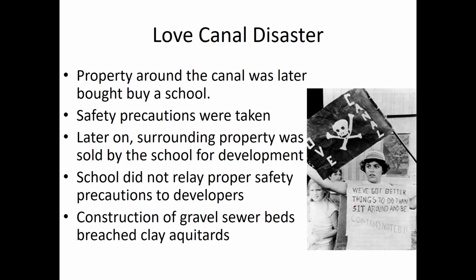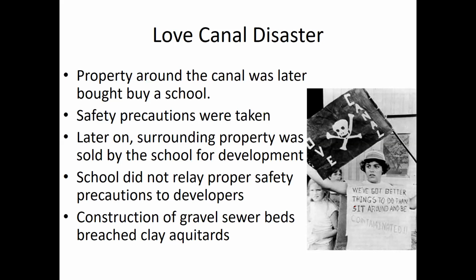So all the safety precautions were taken in that transfer of the property from the chemical company to the developers. But then, as the property was divvied up and sold off, proper safety precautions weren't taken, and the knowledge that the dump site was there was not necessarily known.